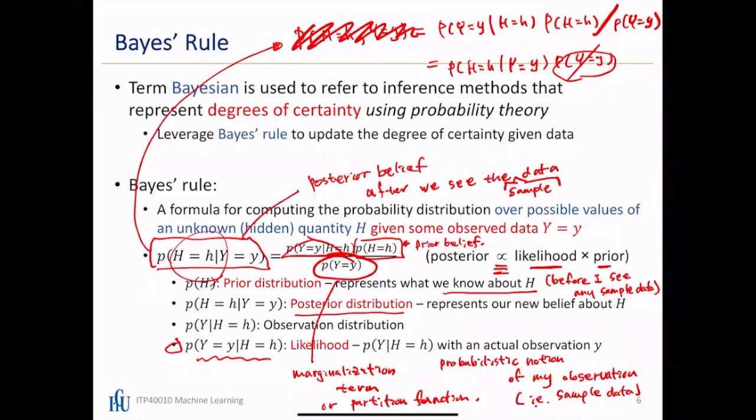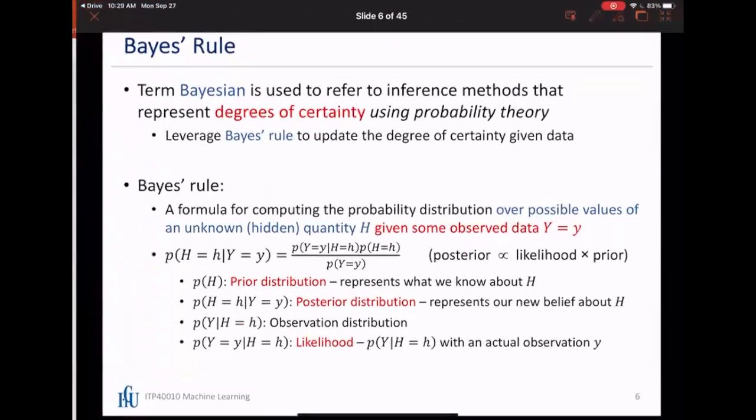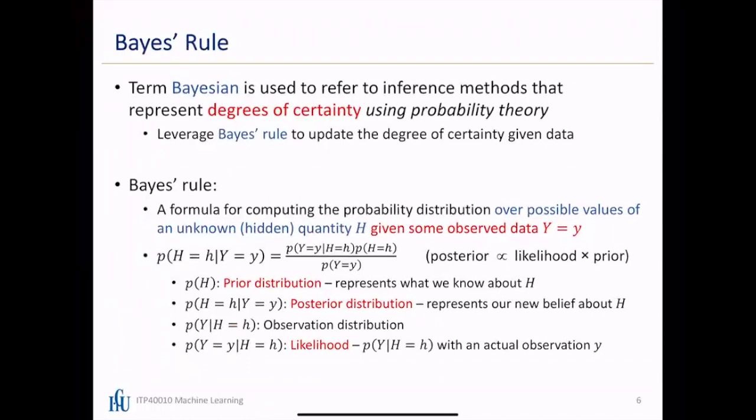So let me remove the handwriting after giving a 5-second pause. Basically we are interested in the posterior, the likelihood, and the prior, because the marginalization term does not affect my decision making.